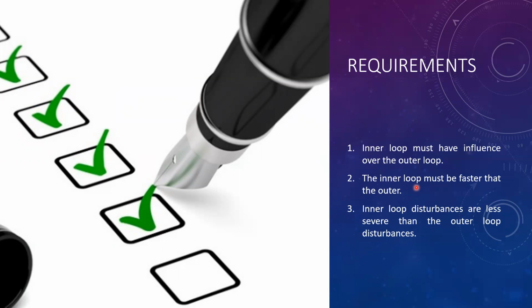This is in order to avoid disturbances from the inner loop affecting the primary process. And the third one is that inner loop disturbances are less severe than the outer loop disturbances, in order to allow the secondary controller to apply consistent corrective efforts to the primary process also, not only to the secondary process.